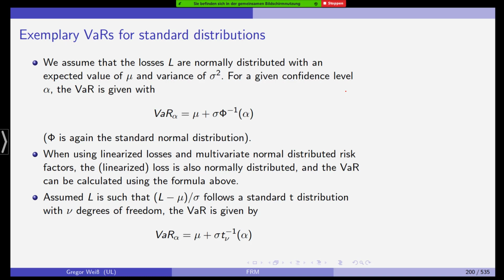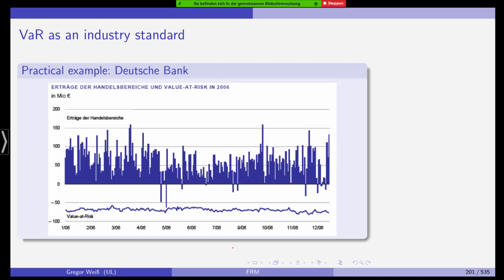The same actually with the t-distribution. You see you have mu plus sigma times the alpha quantile of the standard t-distribution. And you're done. Now a practical example from the risk report of Deutsche Bank.